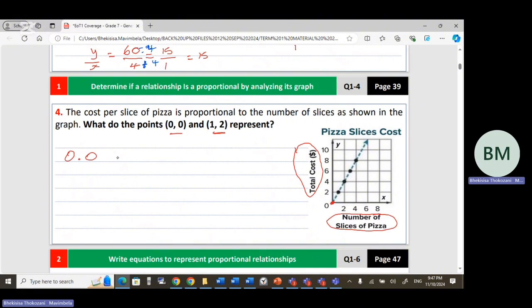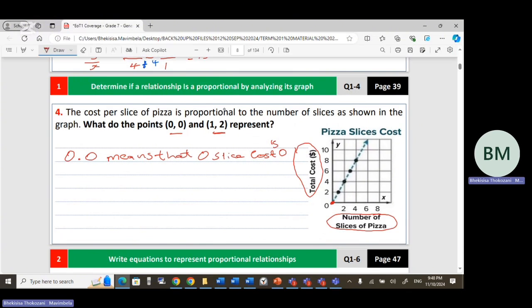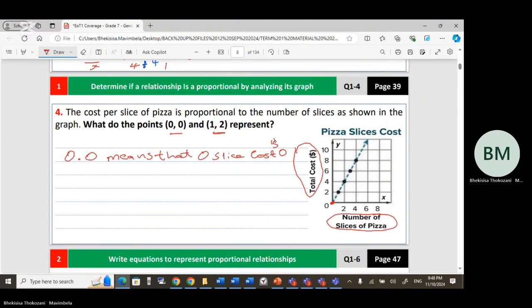So this means that 0 slice costs $0. Okay, 0 slice costs $0.